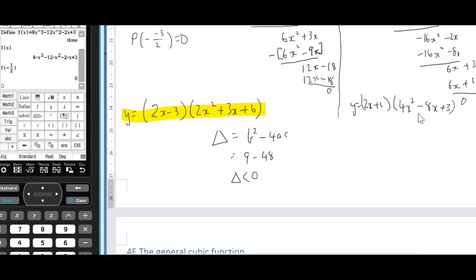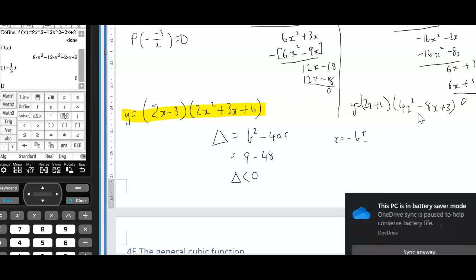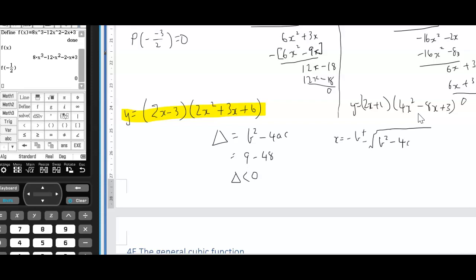Okay, so I'm just going to use the quadratic formula. Now, I already know that you can have the solution, so I'm going to do that. So using the quadratic formula, x is equal to negative b plus or minus the square root of b squared minus 4ac, all over 2a.